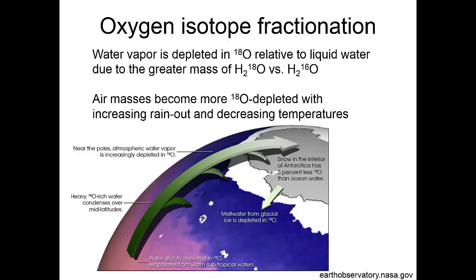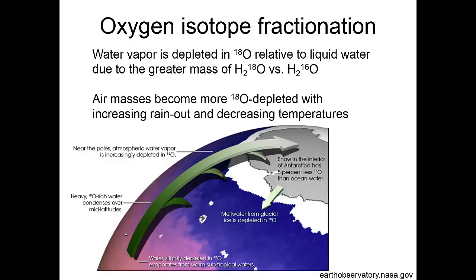Then when that water vapor starts to condense out water and rain it out into the sea below, water molecules in that water vapor containing oxygen 18 are more likely to condense for the same reason. And so as more and more water rains out of that water vapor, the water vapor becomes more and more depleted in oxygen 18 relative to oxygen 16.